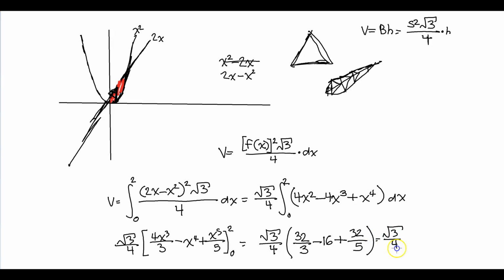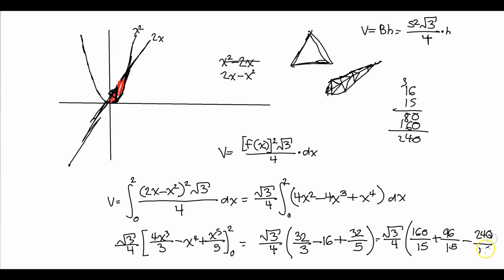Root 3 over 4 times 32 over 3 is 160 over 15, plus this fraction over here, 96 over 15, minus 16 times 15, which is 240 over 15.